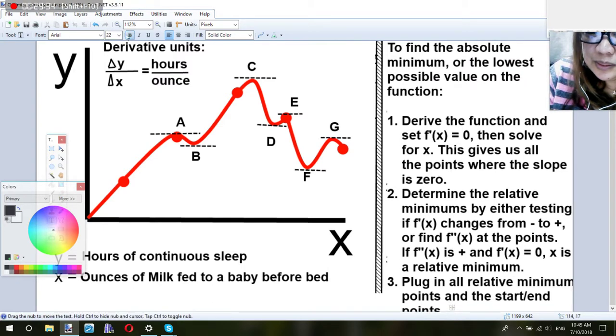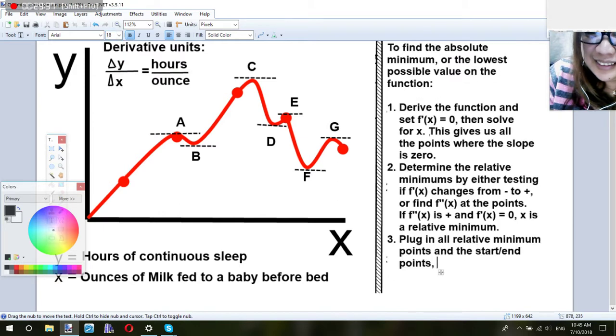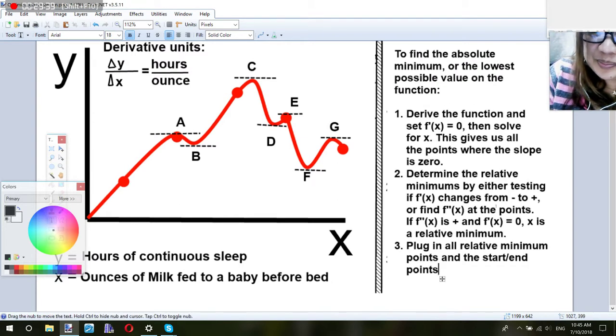Oh, I'm out of room. Okay, I'm just going to reduce this. And these start and end points to determine.